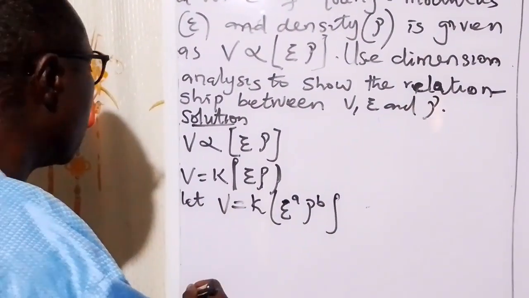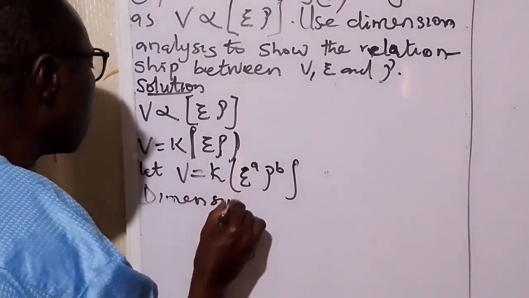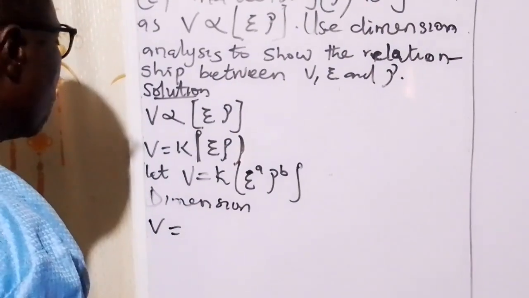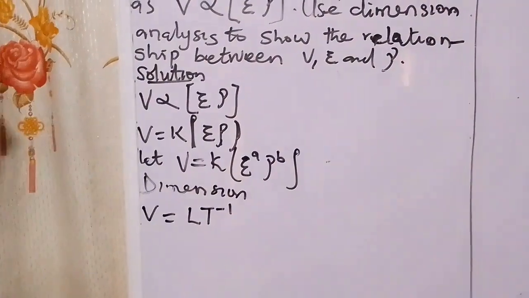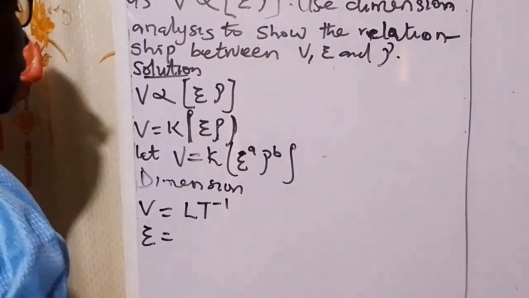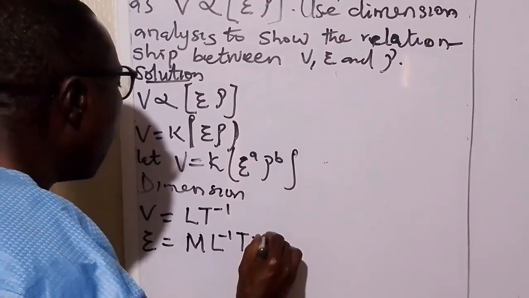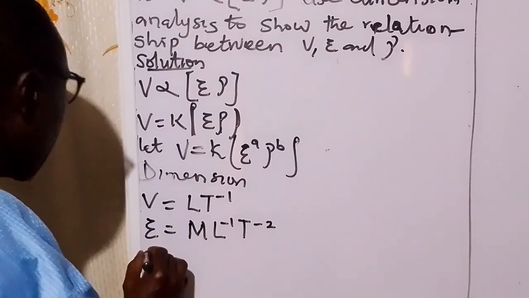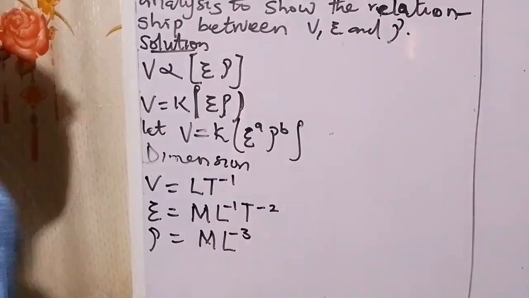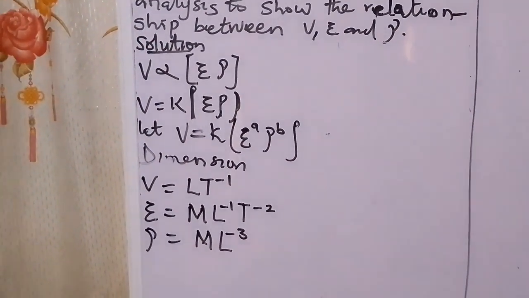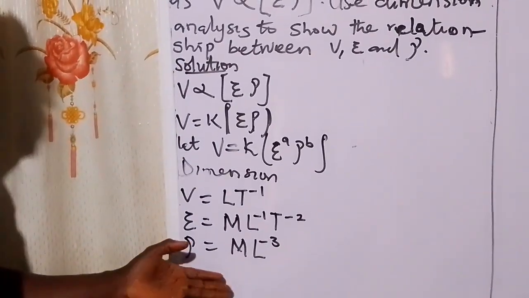For speed or velocity, the dimension for V, according to what we've learned, is LT raised to power minus 1. For Young modulus, that is M L raised to power minus 1, T raised to power minus 2. For density, that will be M into L raised to power minus 3. That's what I told you the other time.